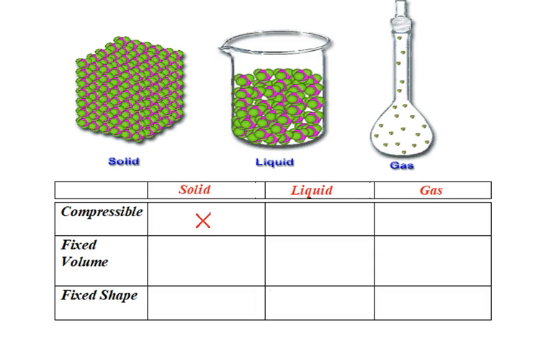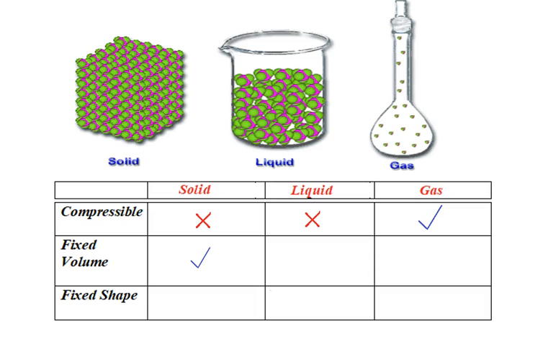For a solid, the particles are not compressible because they're already touching each other. For a liquid, the particles also are not compressible because they're very near to each other. The particles of a gas are compressible because they're originally very far apart, so you can press them nearer to each other.